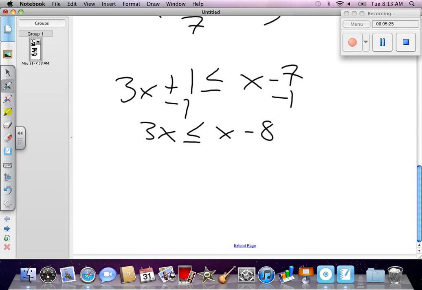Josh, what might I do next for number 4? Before that, do I have all the x's on the same side? You would subtract the 1x. Subtract the 1x, good. Which would give us 2x is less than or equal to negative 8.